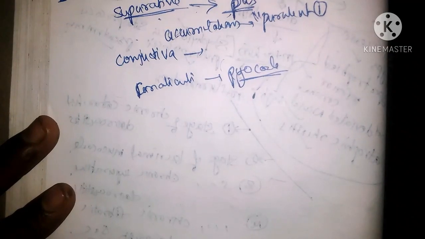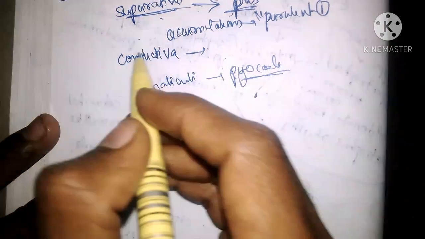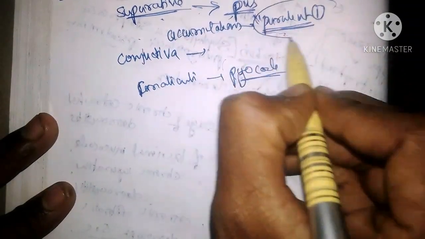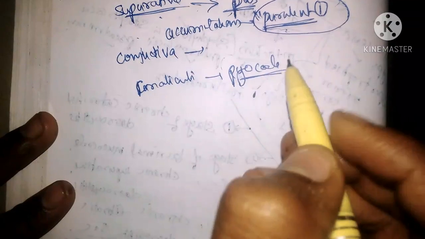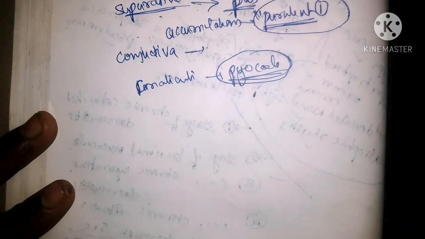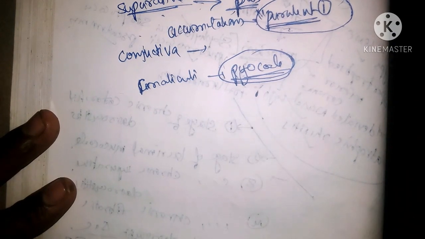Clear? So at this stage we have to remember two things. One is the accumulation becomes purulent, and second one is it results in pyocele. Clear? These are the two things that you have to remember. See, I told you epiphora will always be there in all the stages.